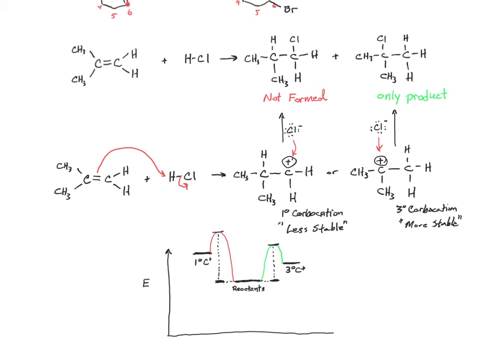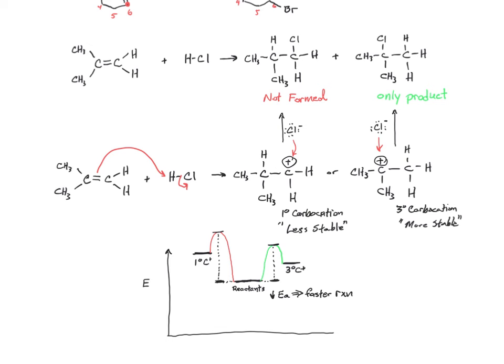We can see that getting to the tertiary carbocation is going to be a lot faster because it has a lower activation energy. So lower activation energy means faster reaction. That's why the mechanism that forms the right product results in the only product that's going to be formed.